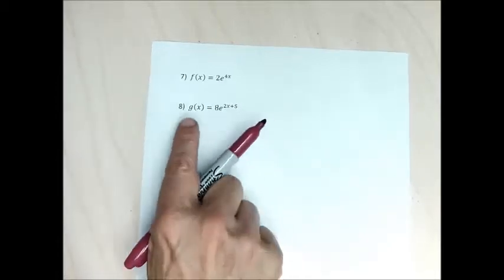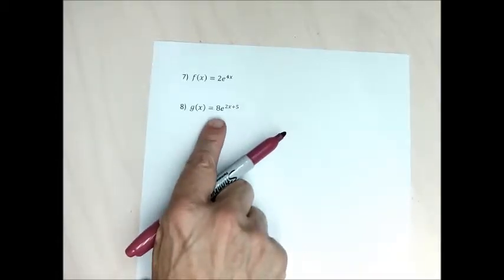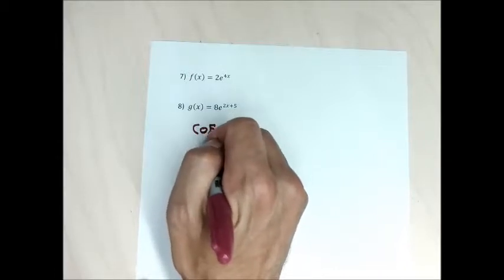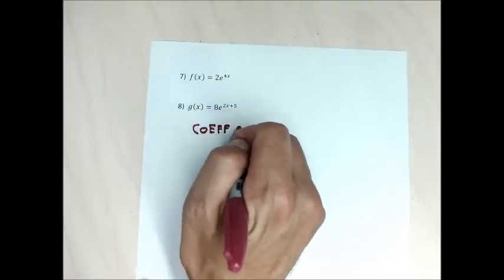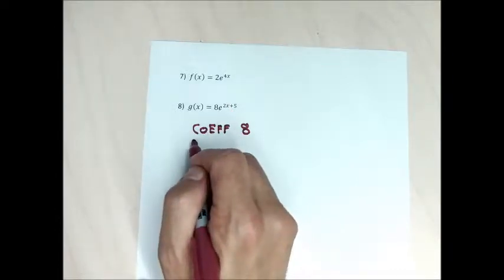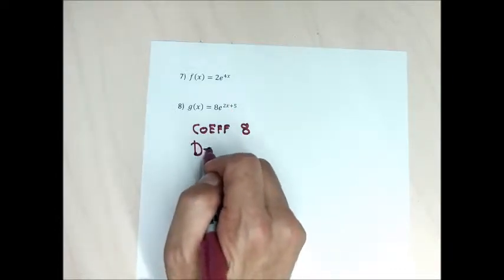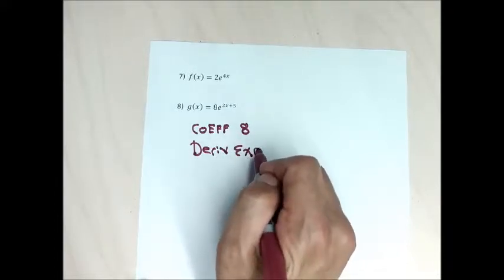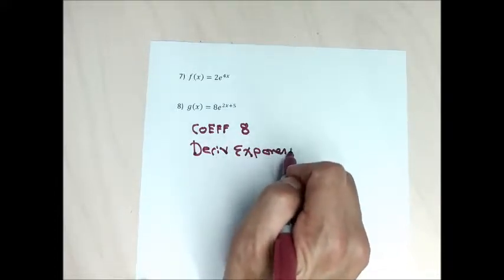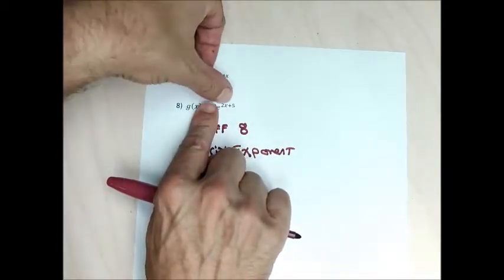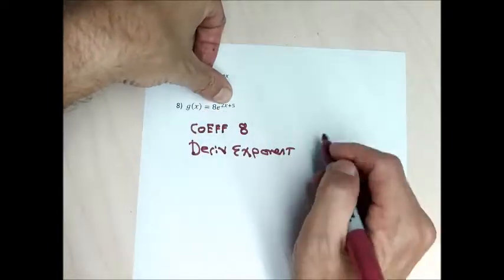So I'm going to do 8 now. It's the first one that I've written with a coefficient. Here, the coefficient is 8. The base, how about we do the derivative of the exponent first? The derivative of the exponent, the derivative of 2x, because it's a first power term, is just a number in front of the x, which is 2.